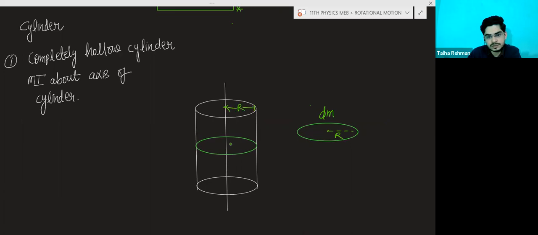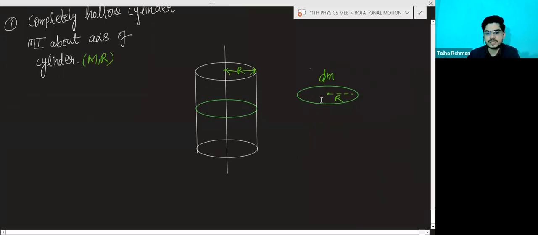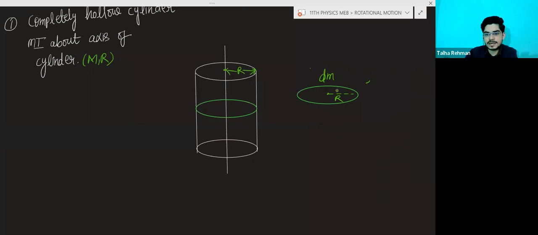This cylinder has mass m and radius r. So this is the elemental ring.